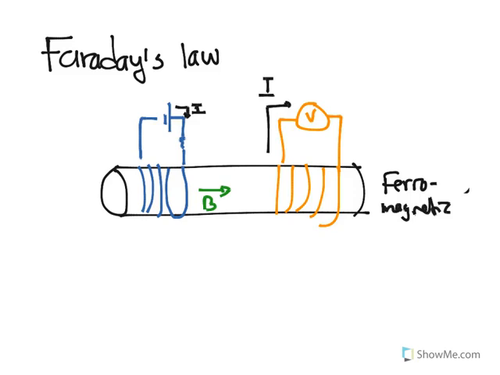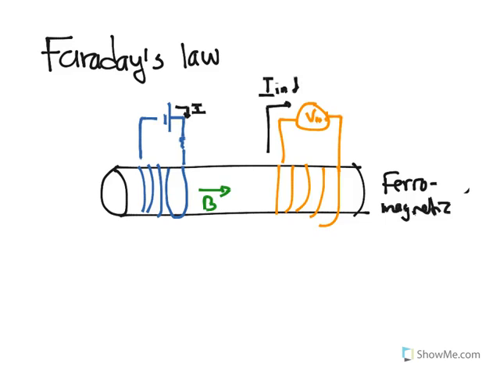And that's Faraday's law. If this coil has a resistance, then there will be a current induced, or a voltage which is induced, due to the change in this magnetic field.